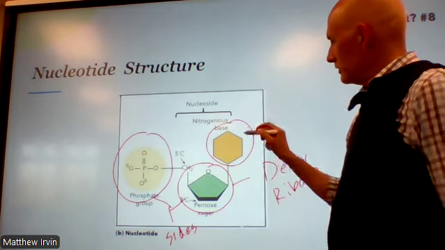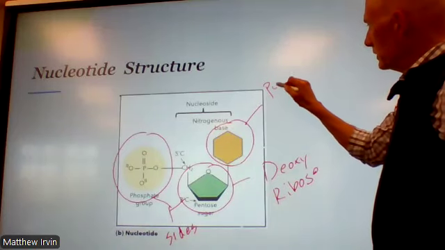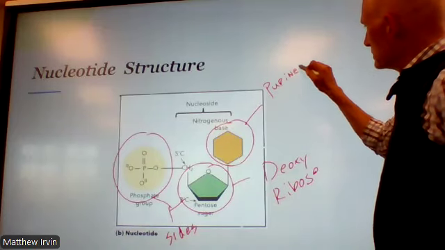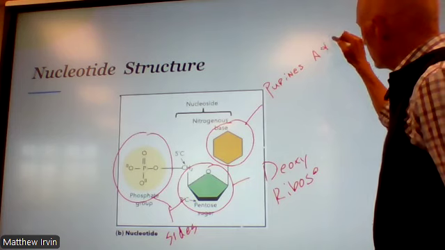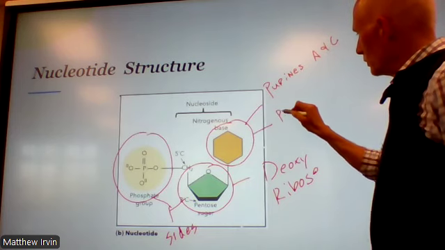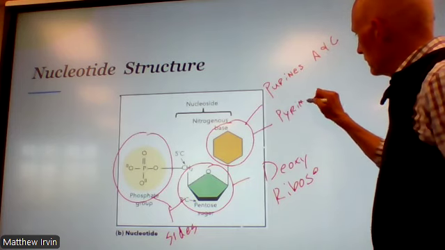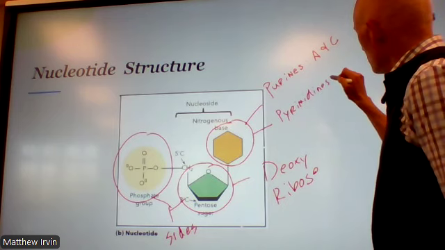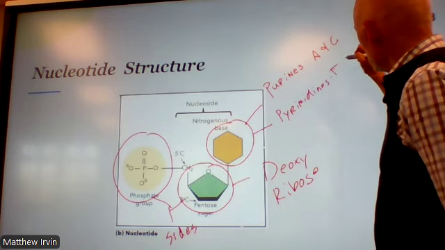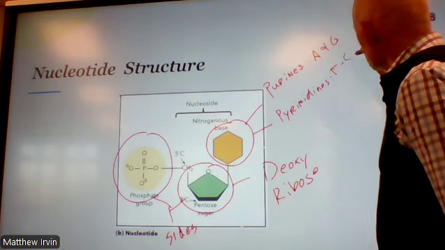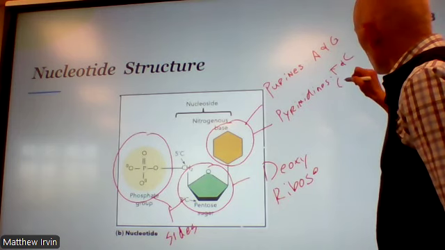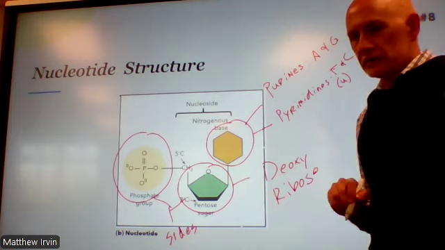And then you have your nitrogenous base, which could be your purines, which are your adenine and your guanine, or your pyrimidines, which could be your thymine, cytosine, or potentially uracil if it is RNA.